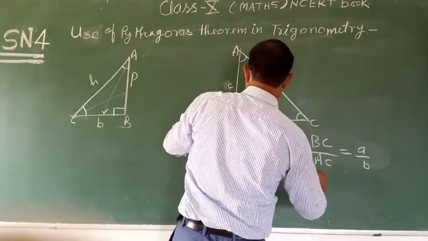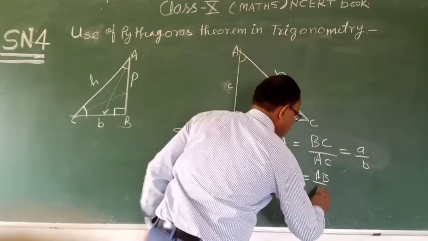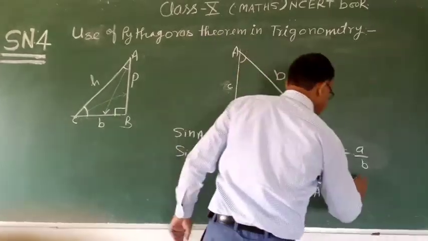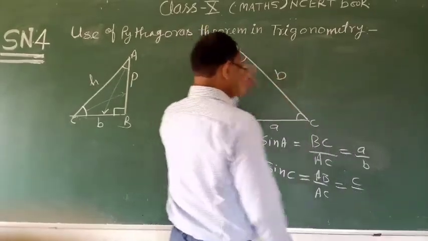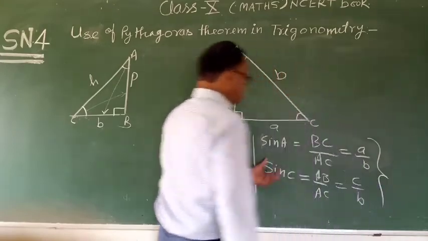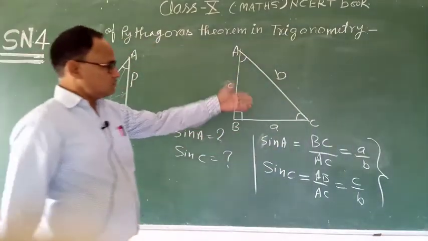Here, AB by AC is equal to c by b. So these types of problems we can solve by this method.